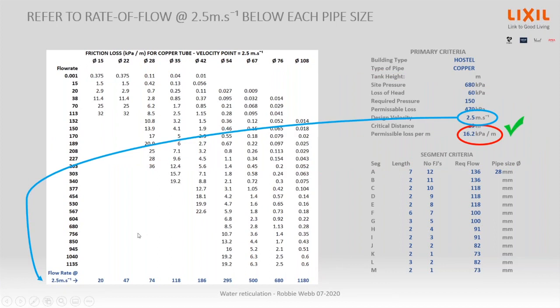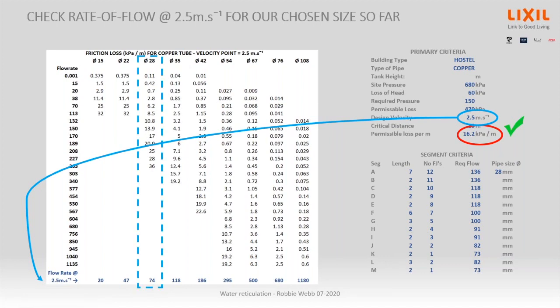This is how much water each of those pipe sizes can deliver. So at 2.5 meters per second, a 28 mil pipe can give you 74 liters per minute. How much do we need? We need 136. So is that enough? No, it's not enough. So we have to go and find where we get enough water to feed that 136.